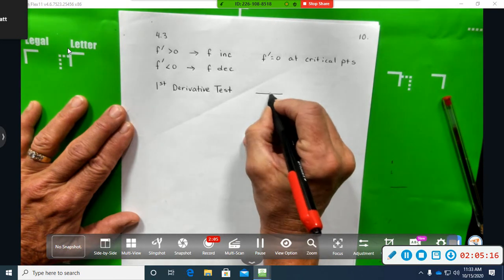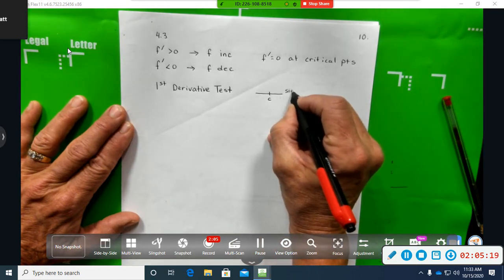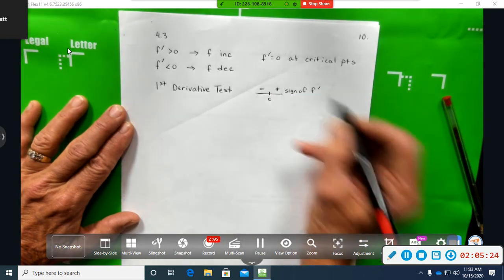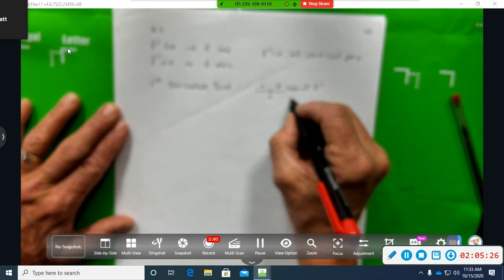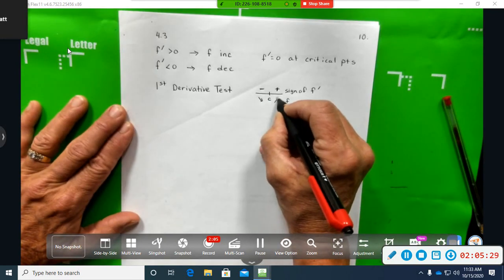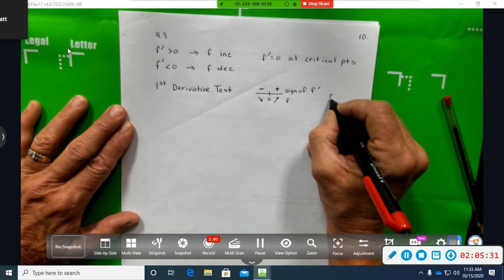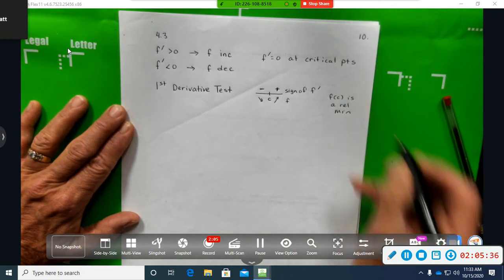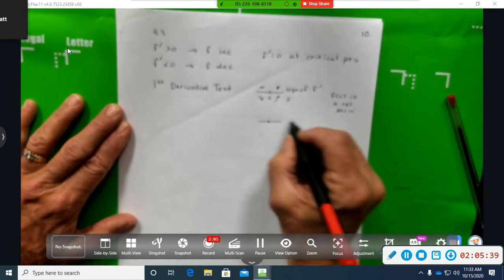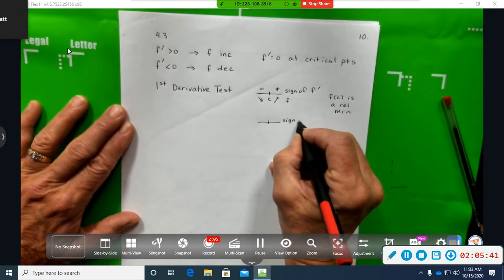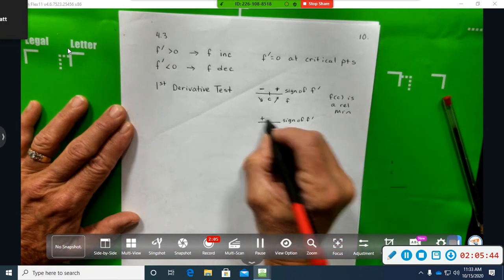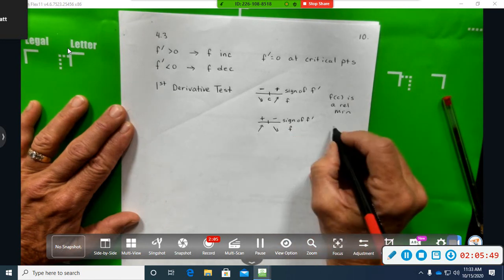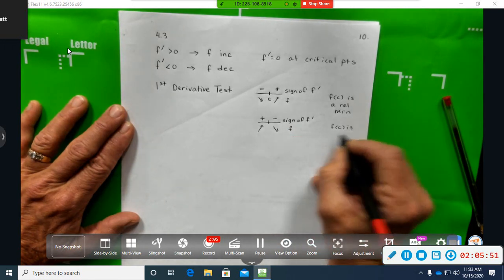So if you have a critical point at x equals c, and the sign of f prime goes from negative to positive, that means that the direction of f goes from down to up, which says you have a relative min. If it goes the other way, you've got a critical point, and the sign of f prime goes from positive to negative, then the direction of f is up to down, and f of c is a relative max.